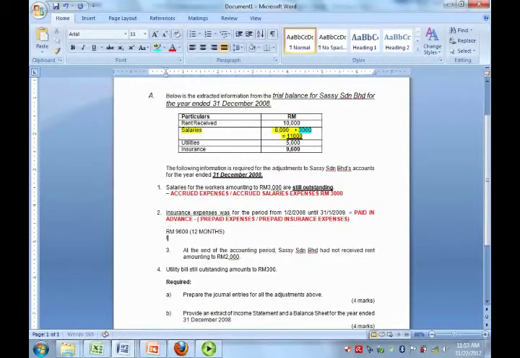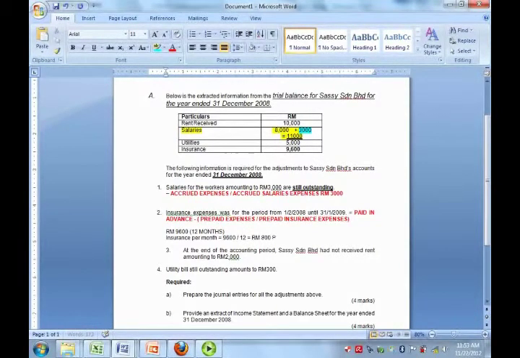You need to find your insurance for per month. So how to calculate, class? 9,600 divided by 12. Why 12 months? 1 year we have 12 months. So can I know the answer?